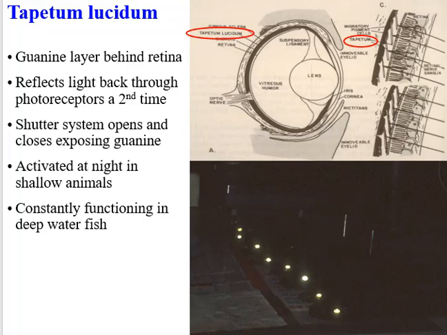So the light comes through once. You can see in this diagram, the drawing up on the right, where the tapetum lucidum are those little shutter-like things at an angle. In that top part of the figure, where it says tapetum, that's circled, the light passes through those photoreceptors and is then reflected by the tapetum lucidum back through the photoreceptors. So you've got two chances of detecting whatever little low light levels there are, because the light is reflected back through their eyes by the tapetum lucidum.